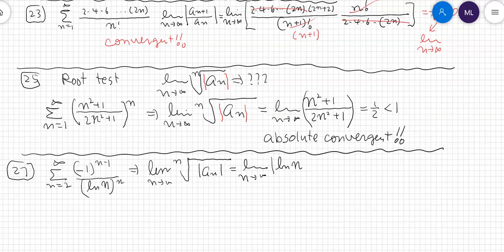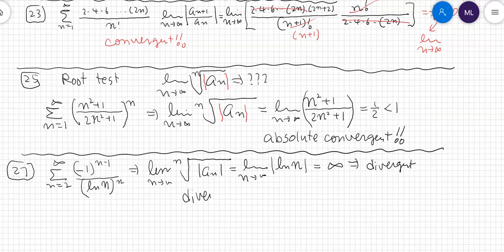Okay, that's what it is, which is infinite. It's bigger than 1, so it is divergent. Okay, divergent.